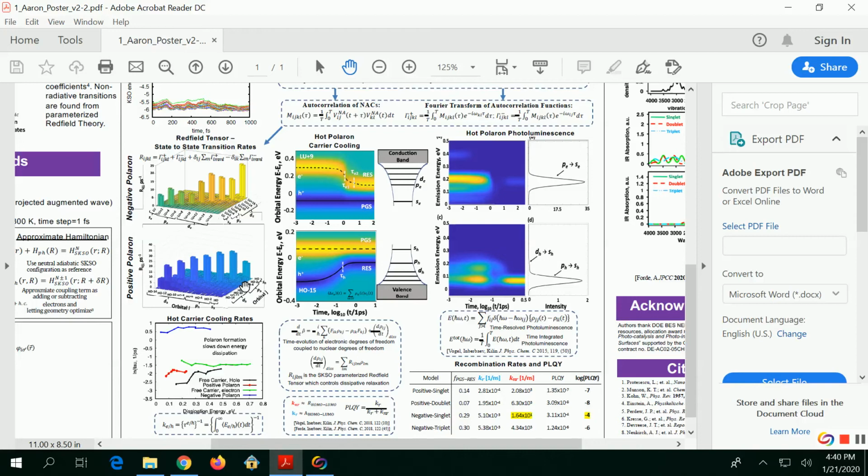It's just more drastic. The negative polaron dissipates energy a lot slower than the free carrier electron. That's an indication that the modeling is following intuitive expectations, where polaron formation would slow down or reduce non-radiative interactions.